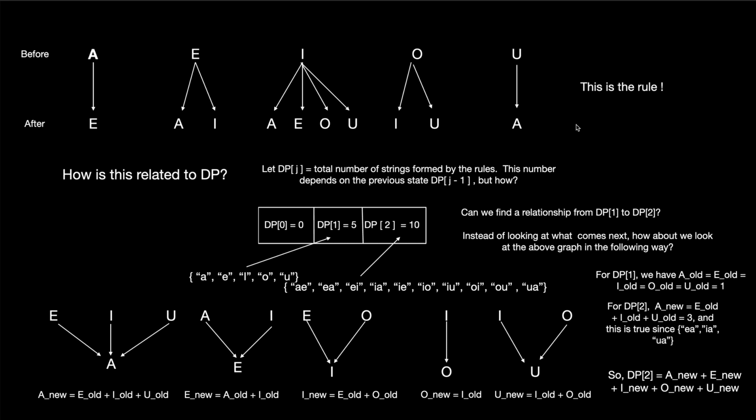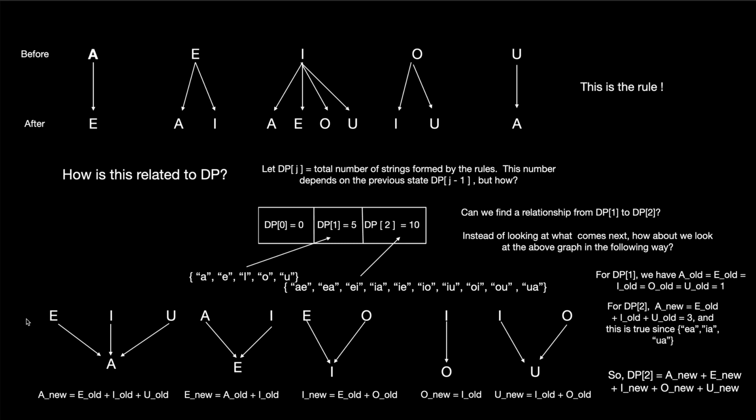So one method that I encourage everyone is to think about how to change this graph so that it is actually helpful for us to solve the problem. Instead of looking at this, how about we start with this?